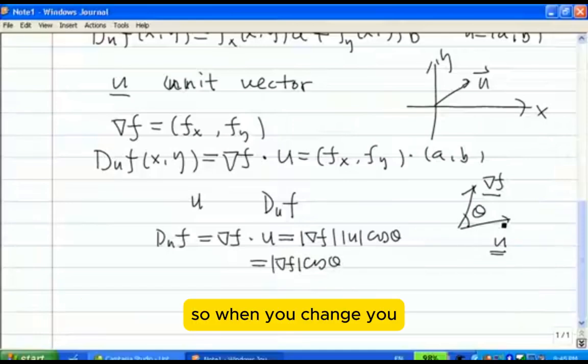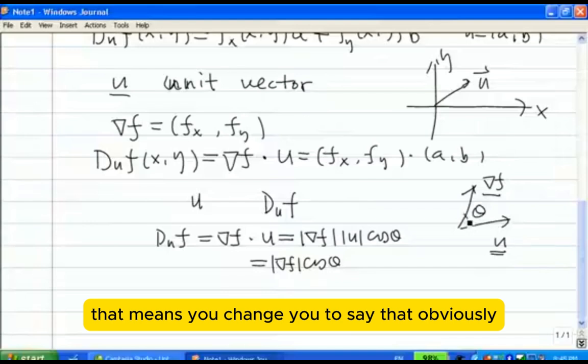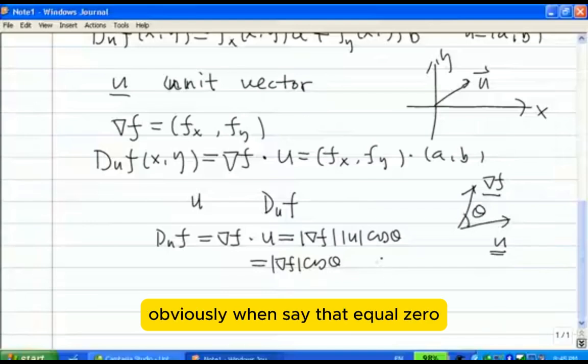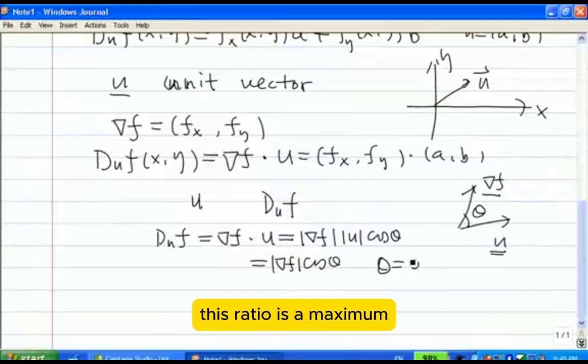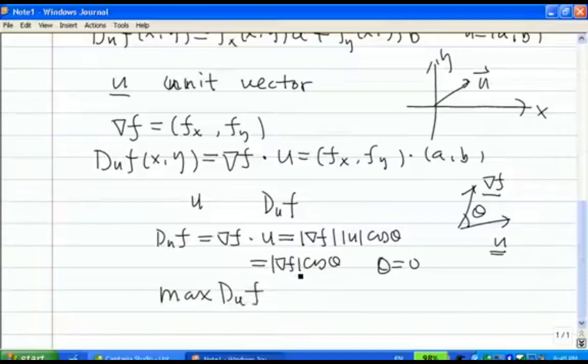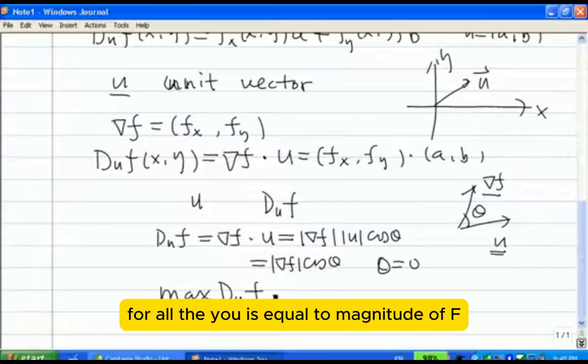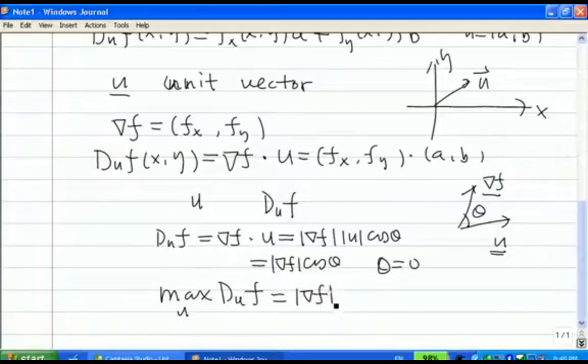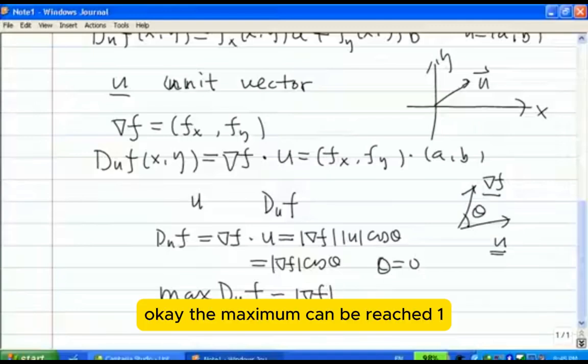So when you change u, that means you change theta. Obviously, when theta equals 0, this reaches the maximum. So the maximum of the directional derivative over all u is equal to the magnitude of gradient f. The maximum is reached when theta is 0.